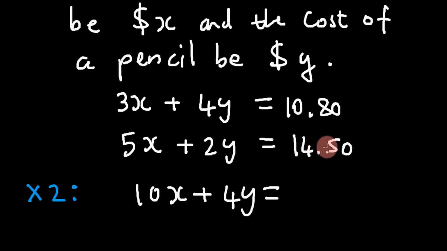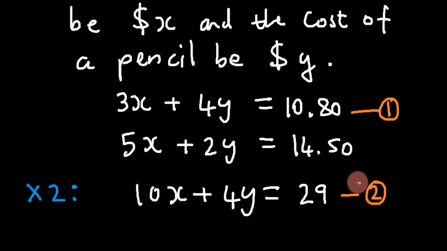And we also multiply the right-hand side here by 2, and that's going to give us 29. So now the coefficients of the y's are the same. So we can call the first equation 1, and the second equation we can call equation 2.